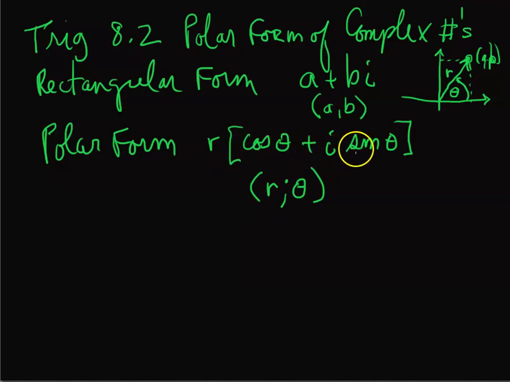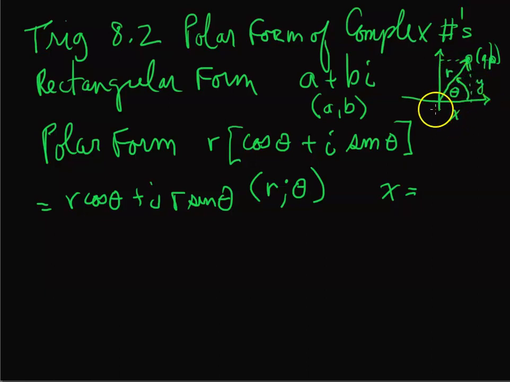Well, where did they get this r cosine plus i sine theta stuff anyway? Well, if you think about it and distribute that r, you get r cosine theta plus i r sine theta. What is x anyway? From this triangle, x and the y and the r, the cosine of theta is x over r.